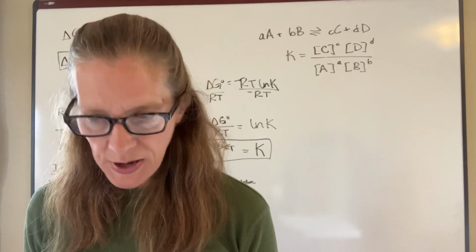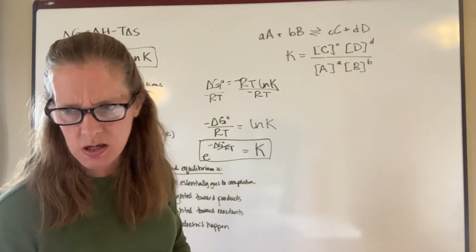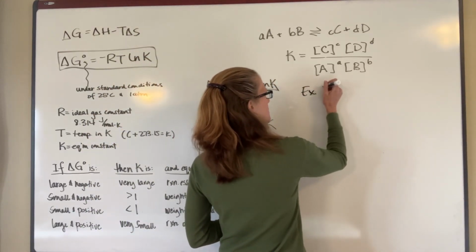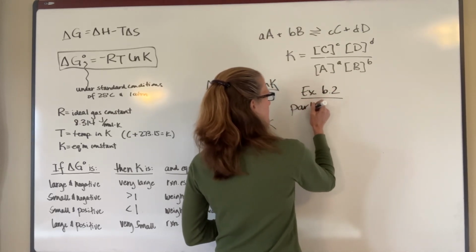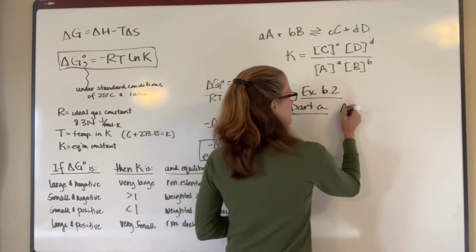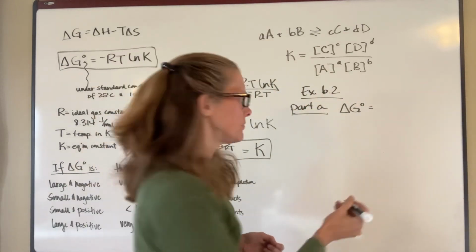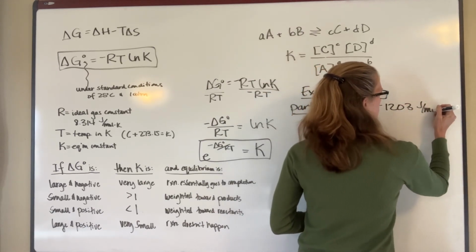So for part A, our delta G is negative 1203 joules per mole. So this is example 6.2, part A, and delta G is negative 1203 joules per mole.